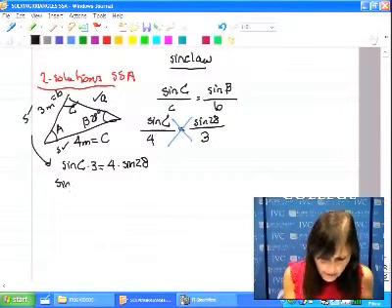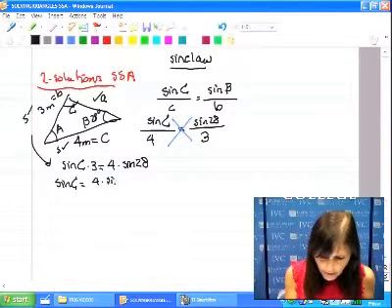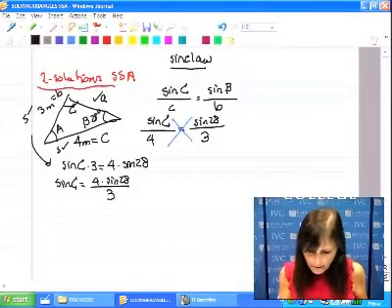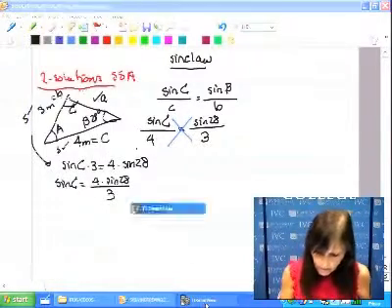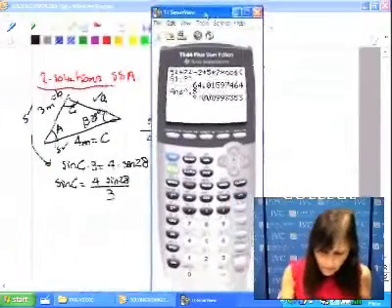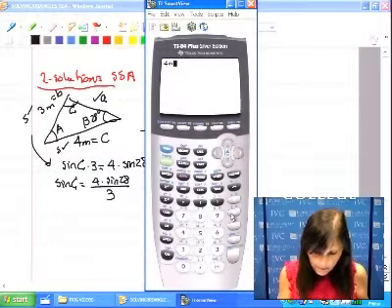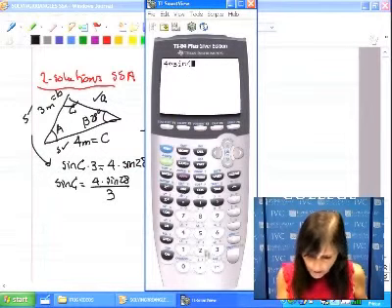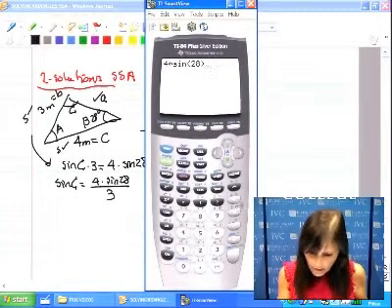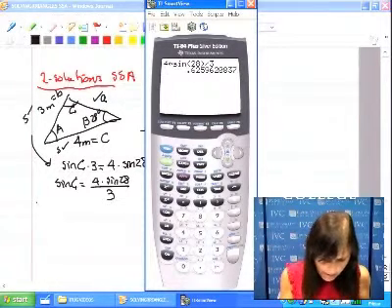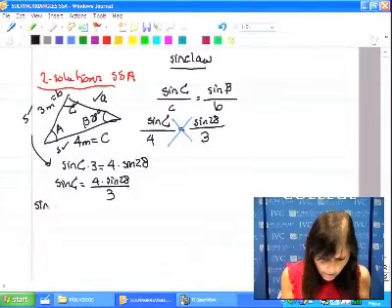So sine C is going to be 4 times sine 28 over 3. So let's get that. So I have 4 times sine of 28 divided by 3.